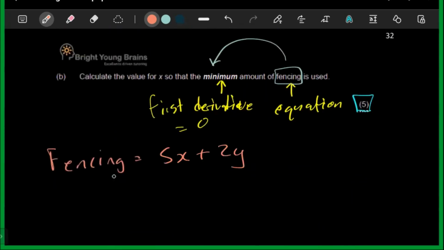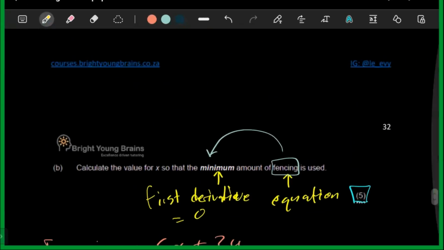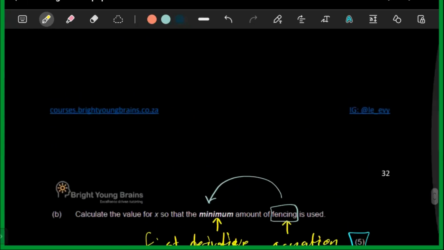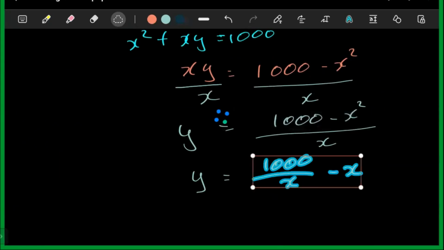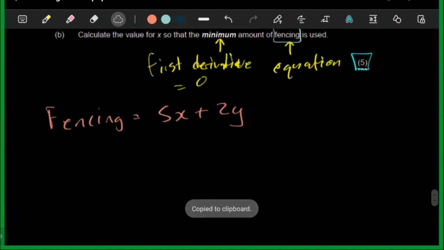Now this equation you're better off having it in terms of x so that you can differentiate it and equate it to 0. This is where this comes in. So wherever you see y, you're going to throw there 1000 over x minus x. And that equation is going to be in terms of x now.